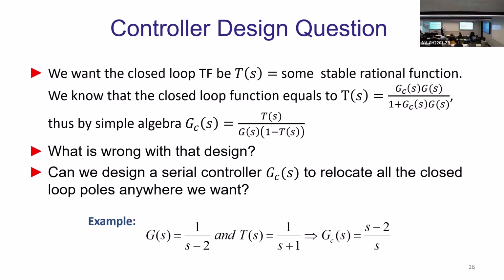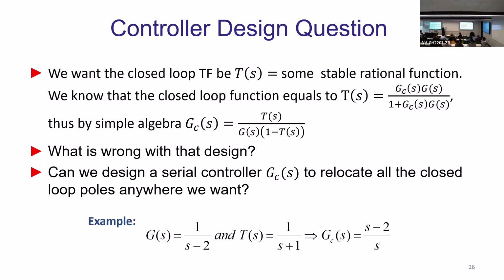Unstable. Right. Remember? So practically, you have G is 1 divided by S minus 2. Then multiplying it by S minus 2 divided by S. All right, so this cancels. You get 1 divided by S. All right.